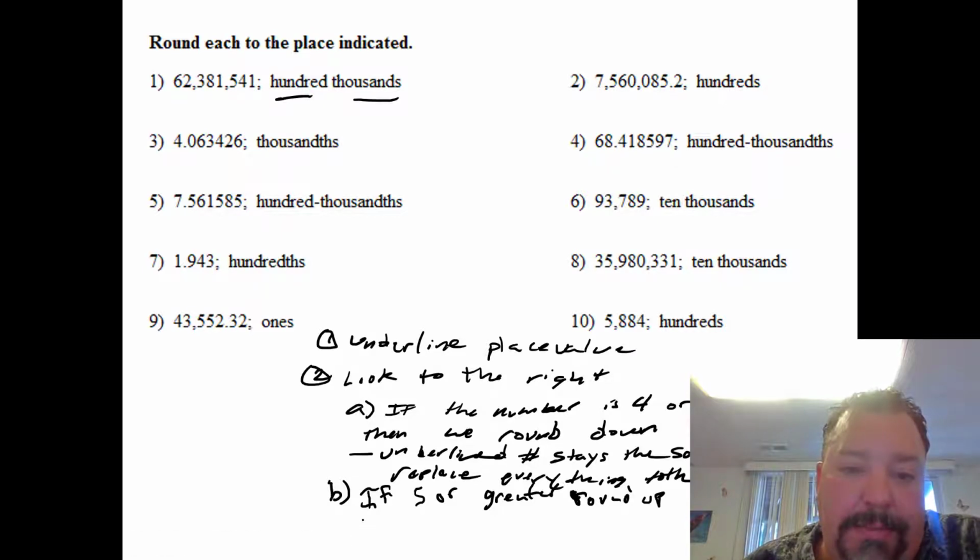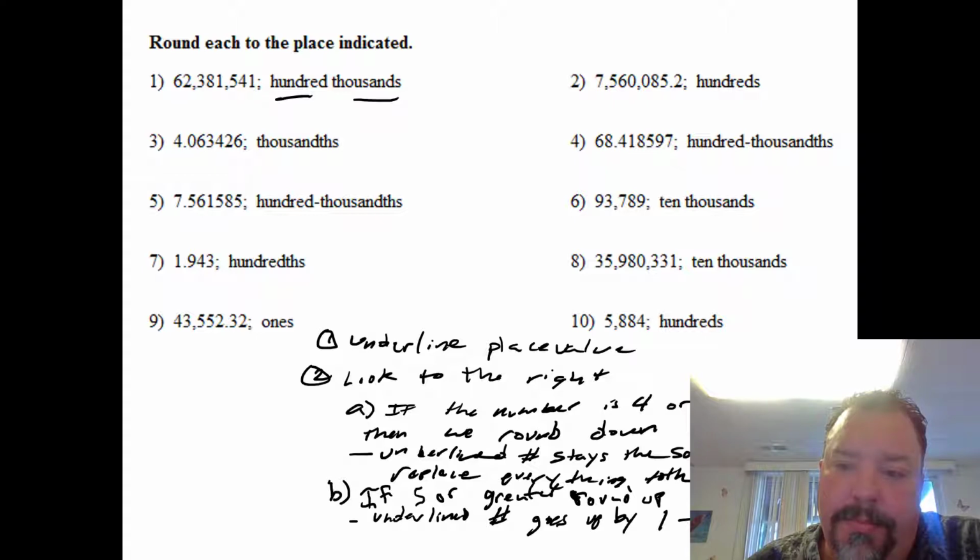And if we round up, the underlined number goes up by 1. And then again, everything to the right becomes zeros. Everything in front of that number would stay the same.